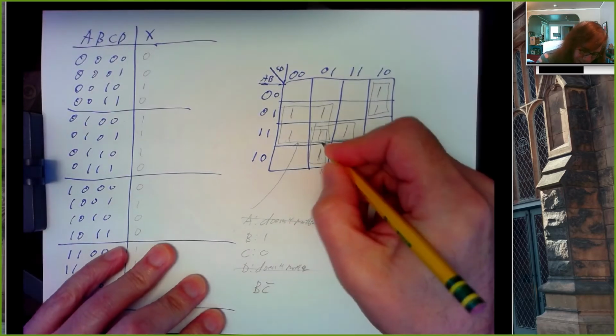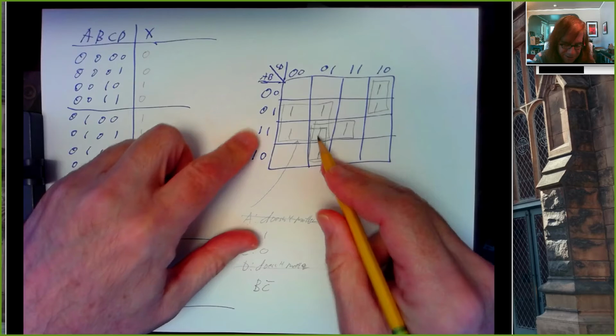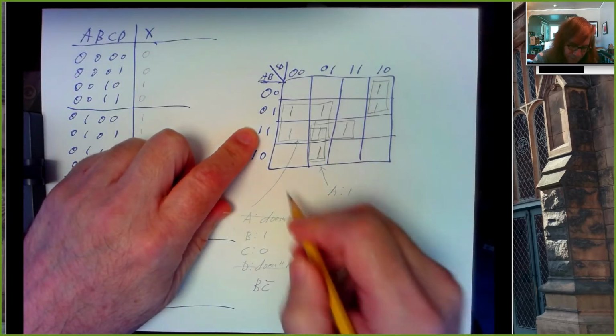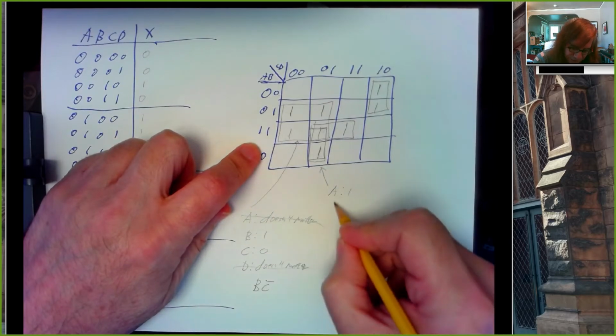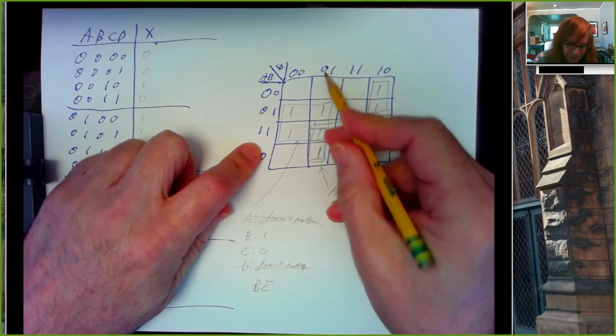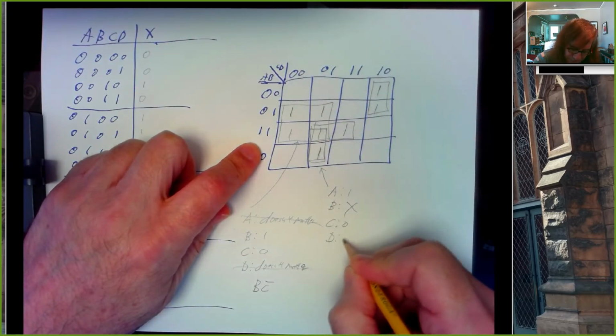So this rectangle here looks like A has to be a 1. It looks like B could be a 1 or a 0, so we don't care about that. Looks like C is a 0 and D is a 1.